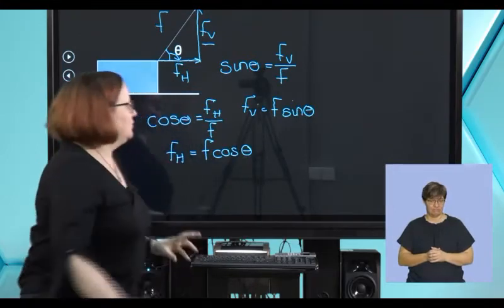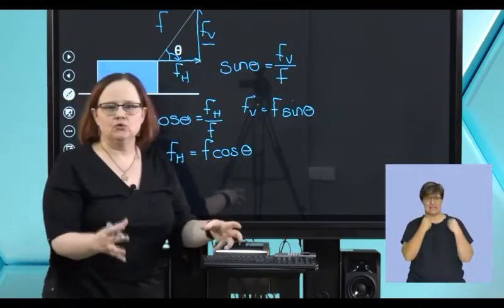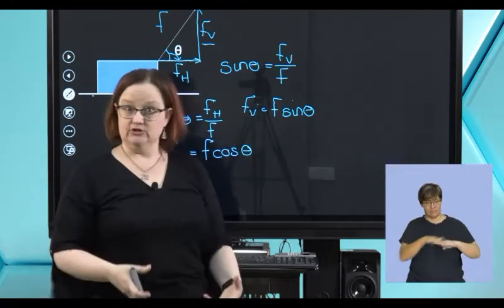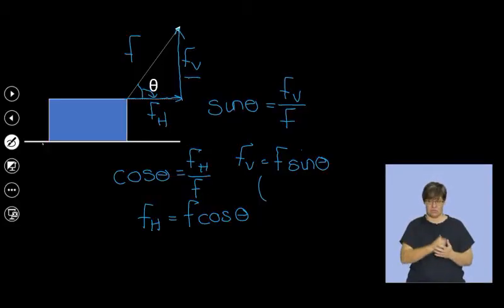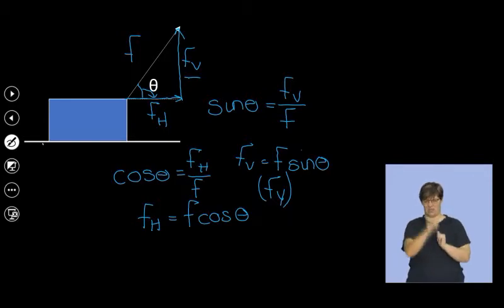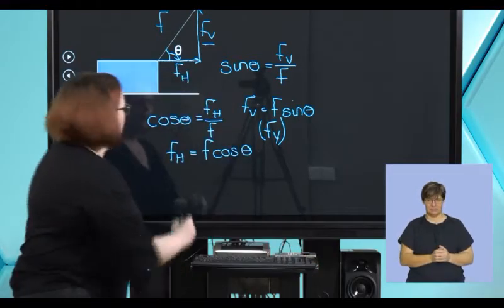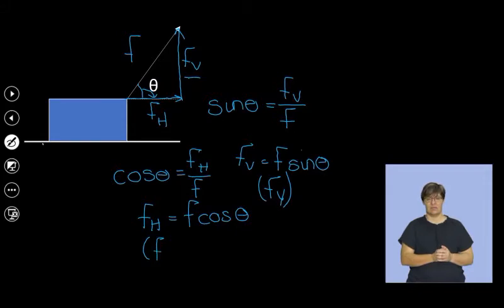Just for some of you, you may not have been taught it as vertical and horizontal. This here, you may have been told to use as Fy. Y is just the vertical axis if you look at it from maths. It's the same thing. Fh, you may have been taught as Fx.